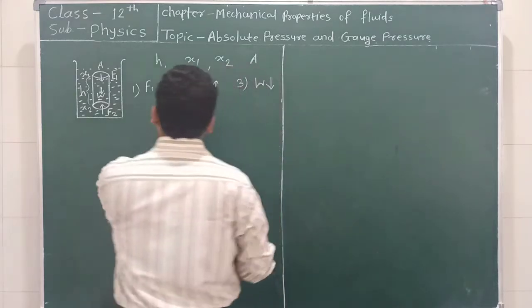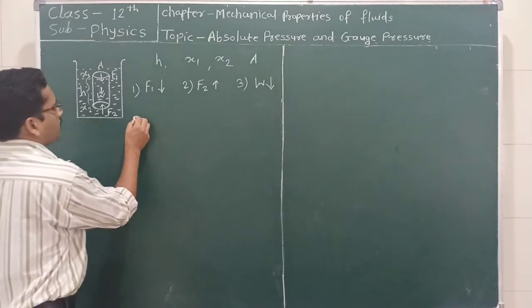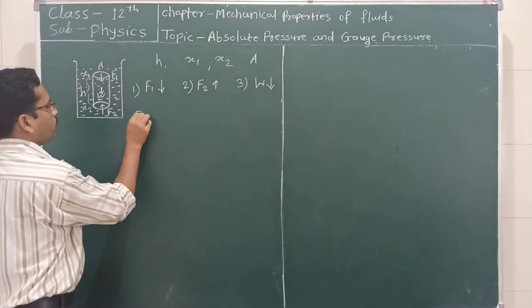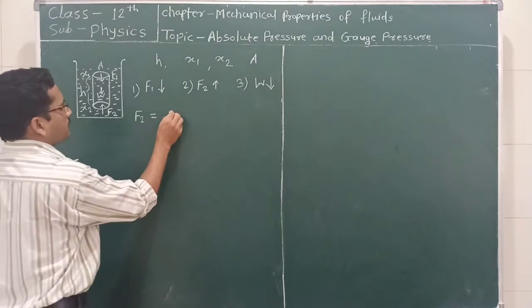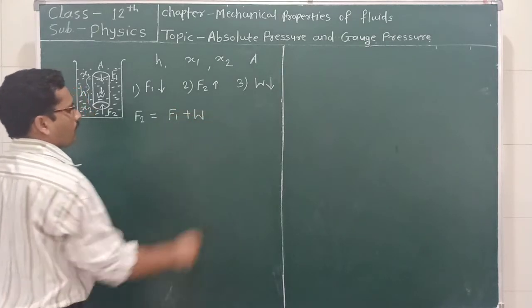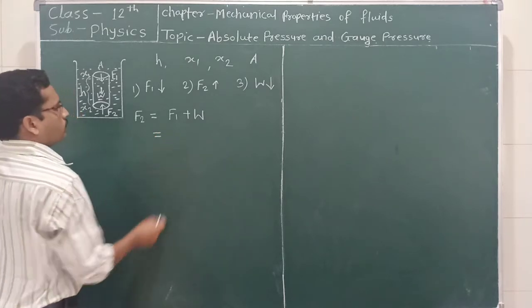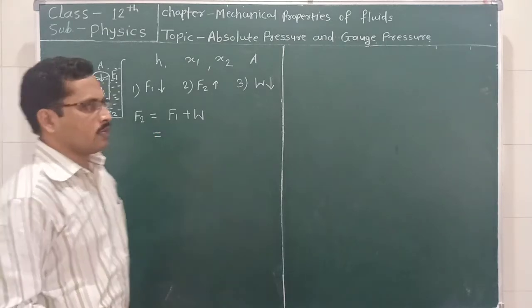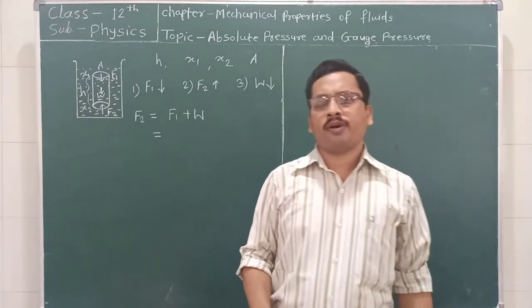Now, if these forces balance each other, then what can we say? We can write the equation as: F2, which is acting in the upward direction, is balanced by F1 plus the weight of the liquid. Pressure is equal to force per unit area.